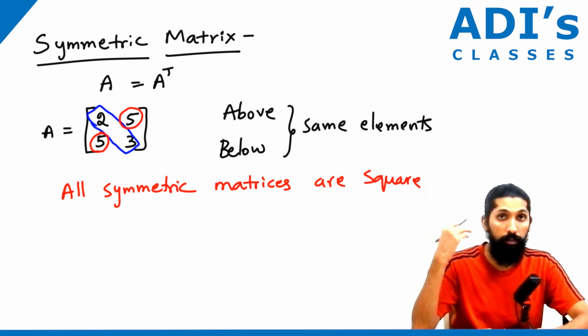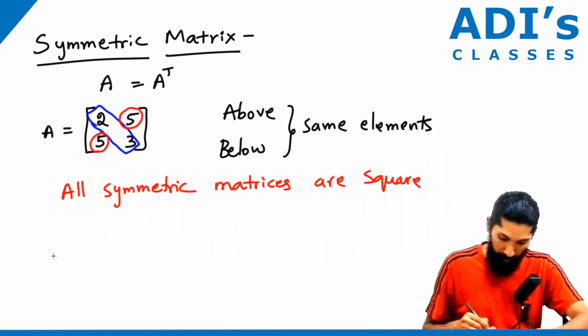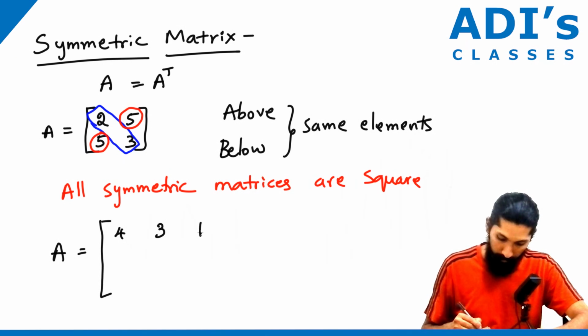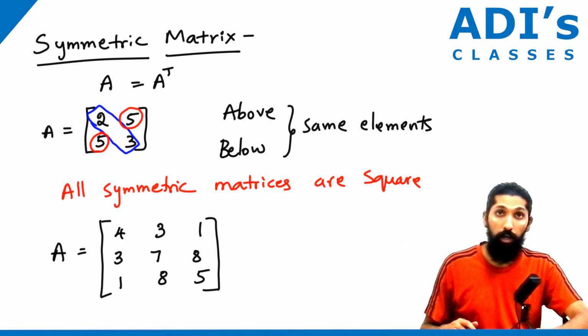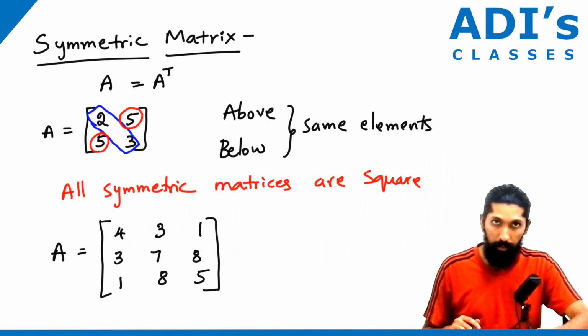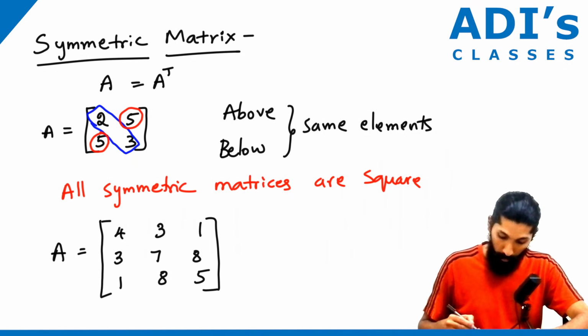Now let's take it for a 3 cross 3 matrix. Let's say A is equal to 4, 3, 1, 3, 7, 8, 1, 8, 5. Now if you look at this, the upper triangle and the lower triangle, anyway, let's not go into too much technical detail.